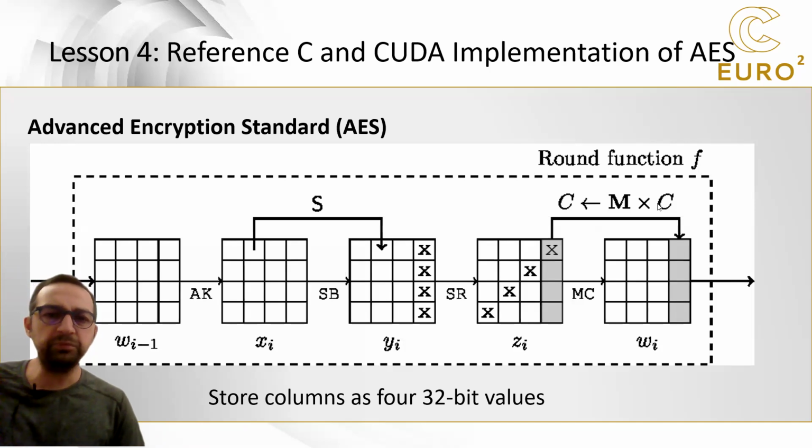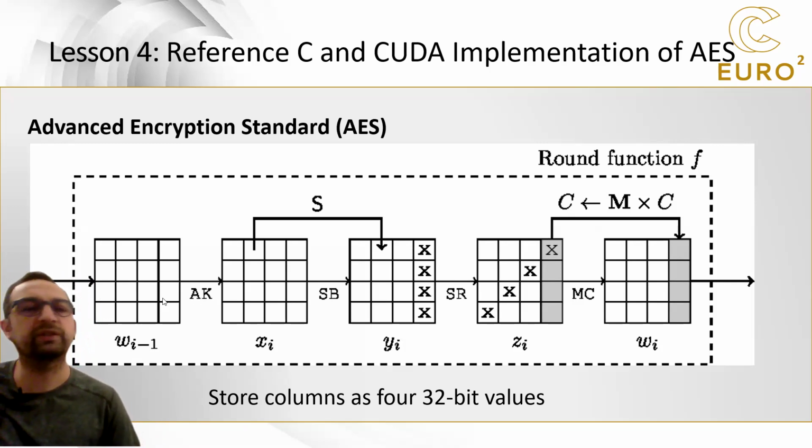Okay. So recall that we had the Advanced Encryption Standard like this. This was just one round. We had the input here and have the operations: adding the round key, which is a simple XOR, then performing 16 sbox operations for each byte, then rotating the rows, then performing matrix multiplication on columns.